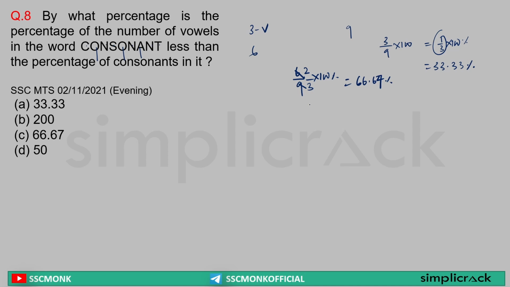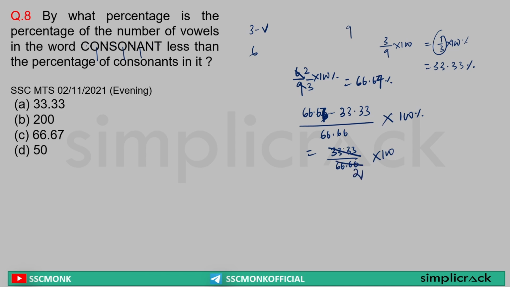Here, 66.67 or 66, whatever you like to take. Let's take 66 for the purpose of calculation. Minus 33.33 less than consonants. So 66.66 minus 33.33 will get me 33.33, divided by 66.66 into 100%.